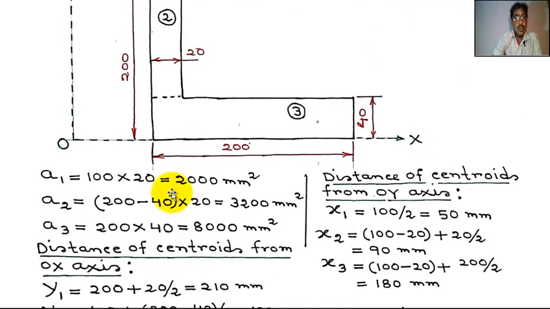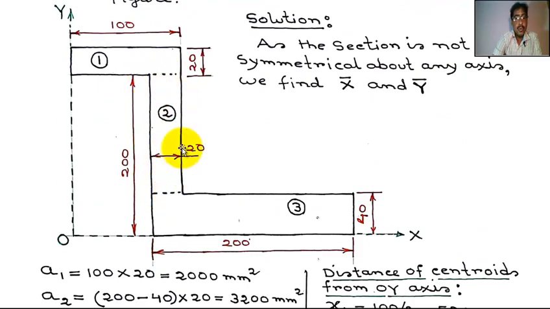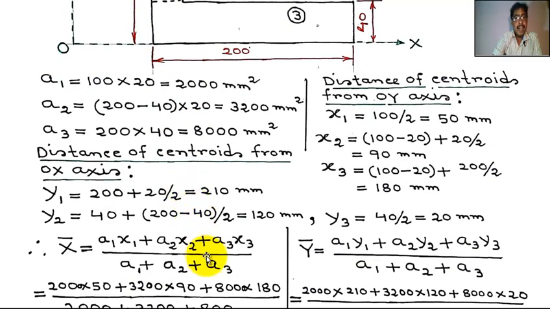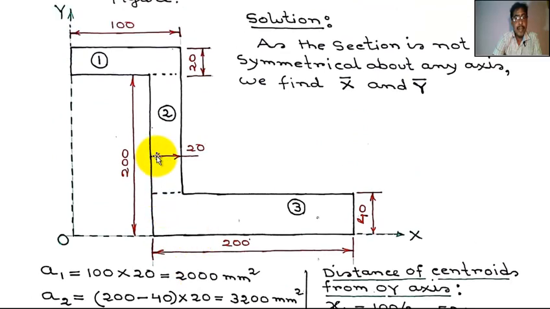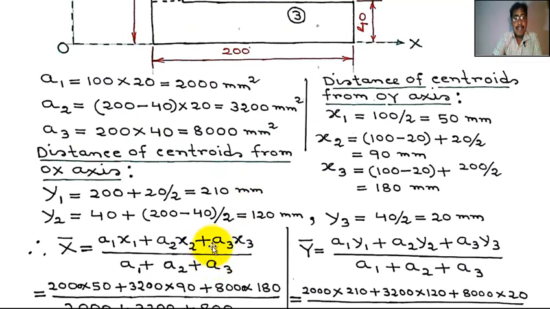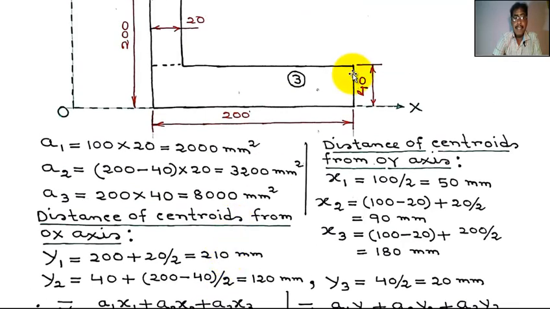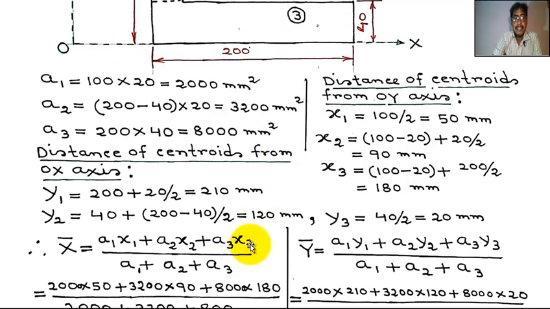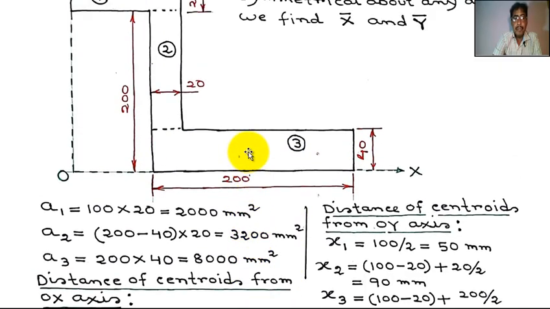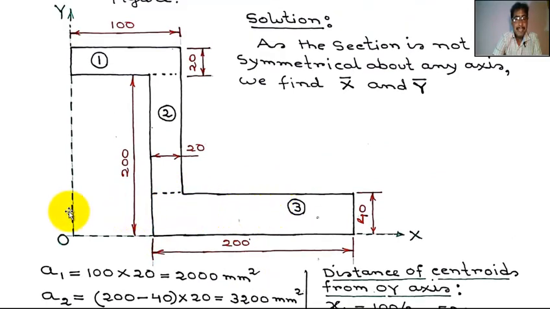A2 is the area of rectangle 2, x2 is the distance of centroid of rectangle 2 from Y axis. A3 is the area of rectangle 3, x3 is the distance of centroid of rectangle 3 from Y axis.